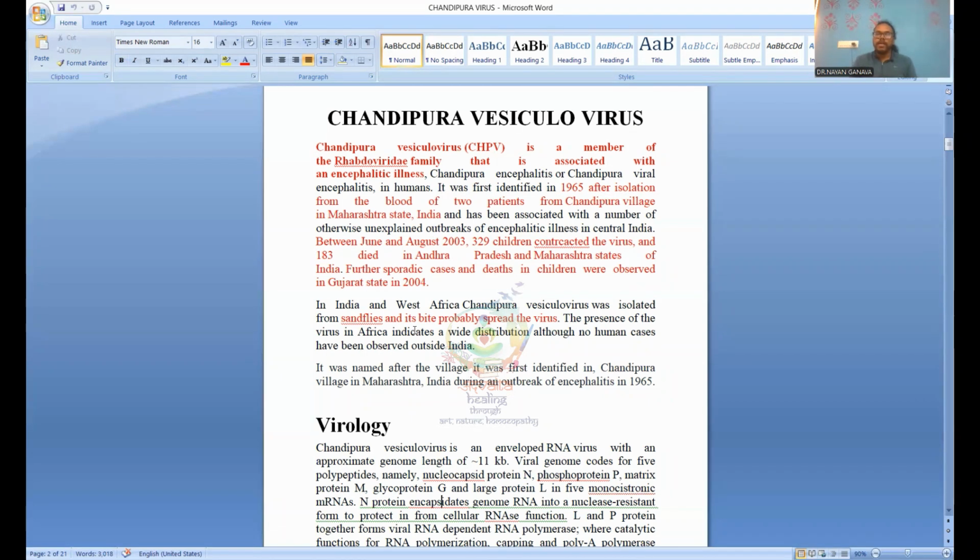In India and West Africa, Chandipura vesiculovirus was isolated from sandflies, and their bite probably spread the virus. The presence of the virus in Africa indicates a widespread distribution, although no human cases have been observed outside India.